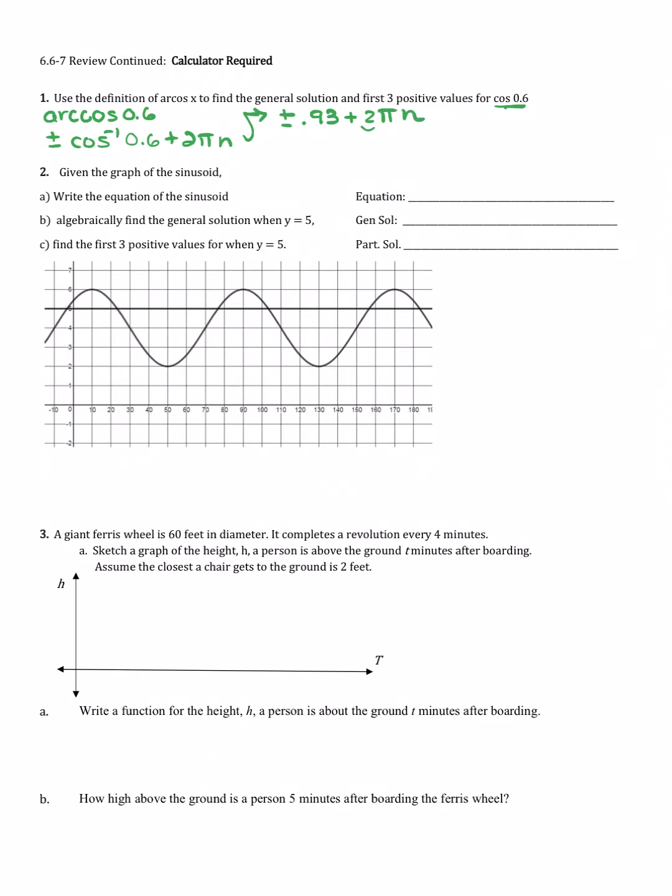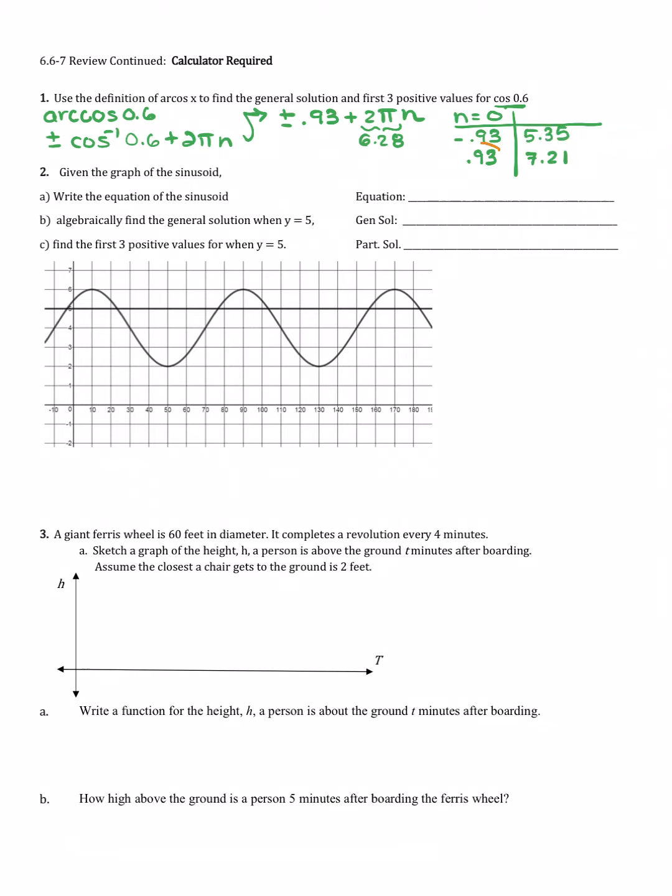Now 2 pi is about 6.28, so when I'm finding my first 3 positive, I've got negative 0.93, positive 0.93, and I'm adding 6.28 each time. So 6.28 plus 0.93, this will give me 7.21, and 6.28 minus 0.93 is 5.35.